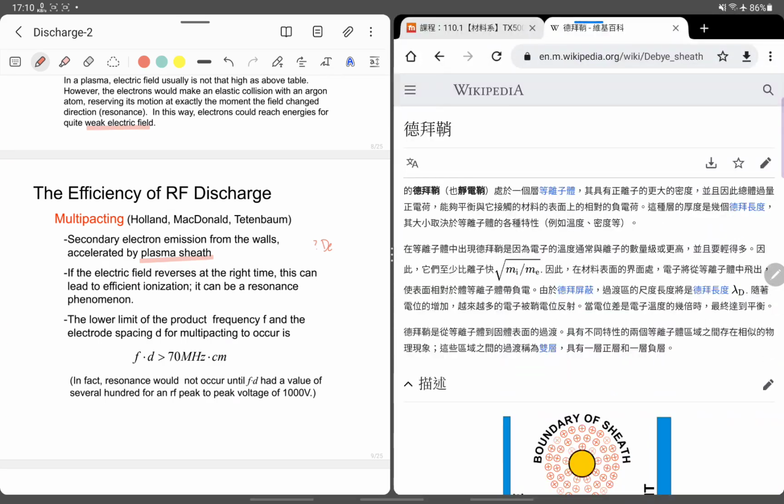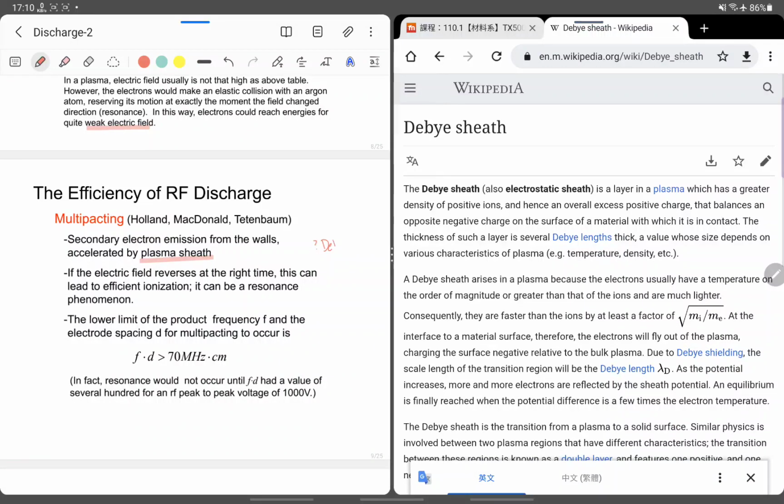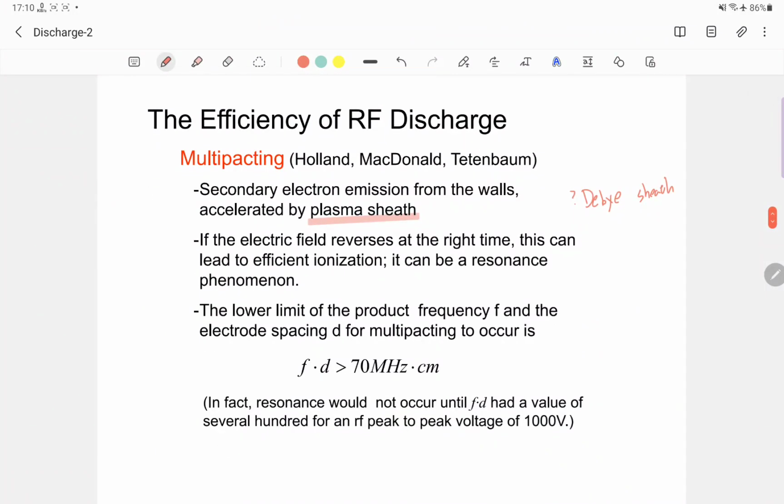Okay. So in this video, we can see the shadow part is the surface of the chamber wall or surface of the electrode. Okay. So the electrical field is along the horizontal direction.